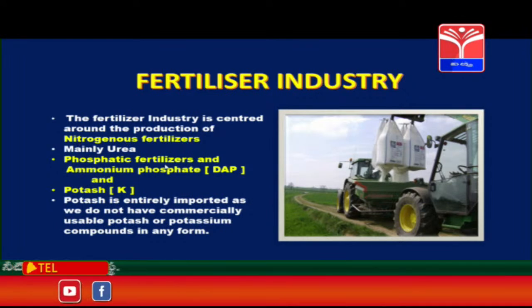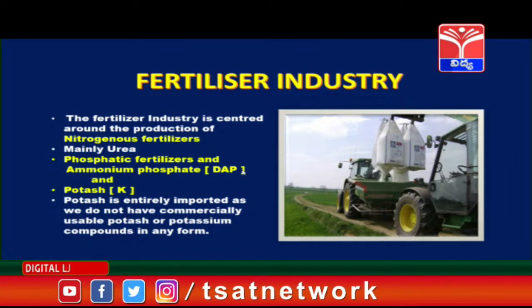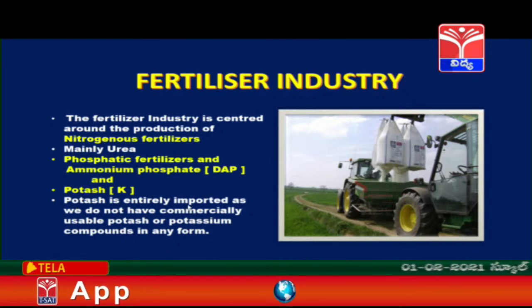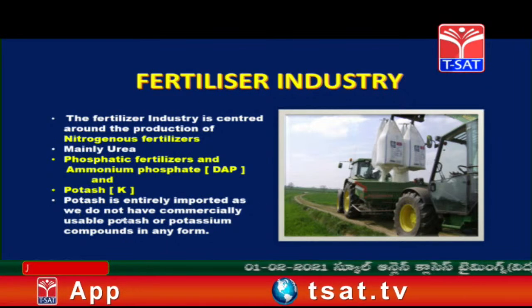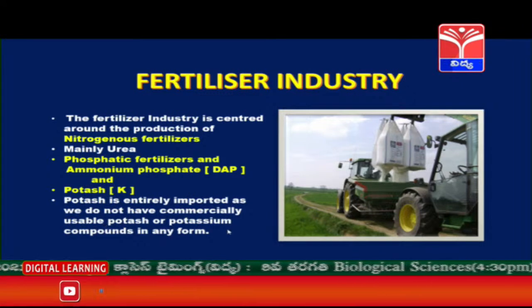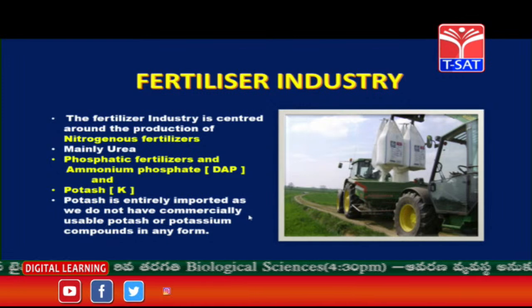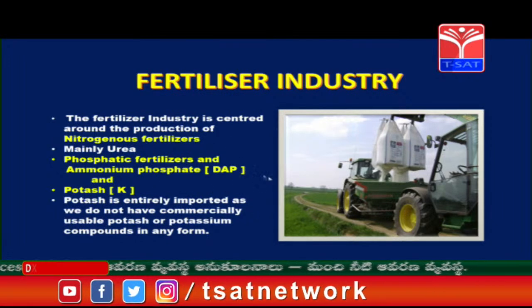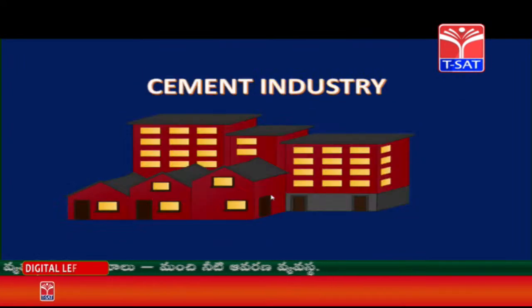Then phosphatic fertilizers and ammonium phosphate, that is DAP, and potash, that is potassium. What is the symbol? K. Potash is entirely imported as we do not have commercially usable potash or potassium compounds in any form. So, these are the fertilizers which are produced in the fertilizer industry.